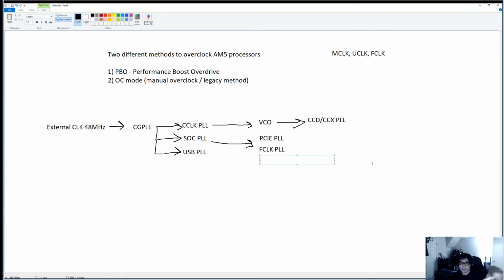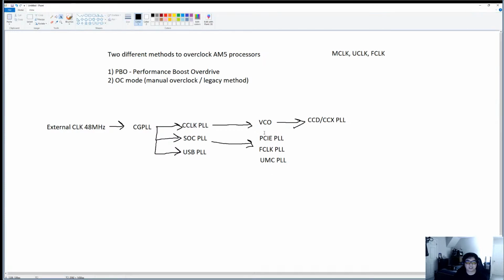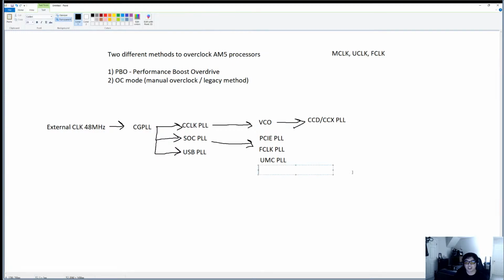This is going to be either multiplied or divided depending on what the reference signal is supposed to run at. Typically these clock signals on these different phase lock loops are going to be 100 megahertz reference signals. You also have the unified memory controller PLL, and these are all clock phase lock loops. I'm just shrinking down the name.